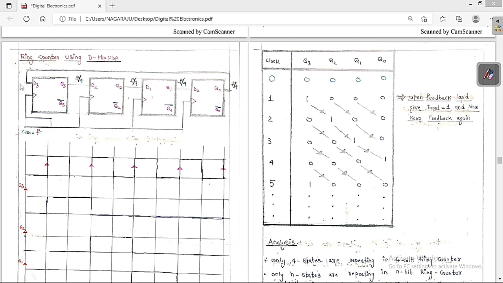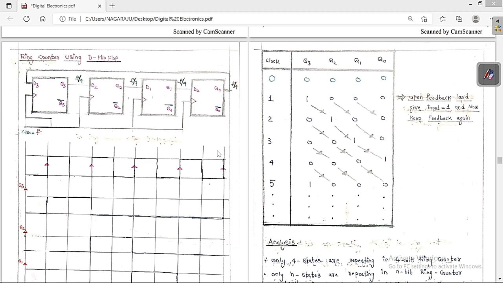Initially I am going to give certain data as input. I am going to open this feedback and give an input of 1. Then what is going to happen when the clock is applied? It is going to become 1. If it becomes 1, then this one is going to pass through here, again it will pass through here, again it will pass through here, and again here.